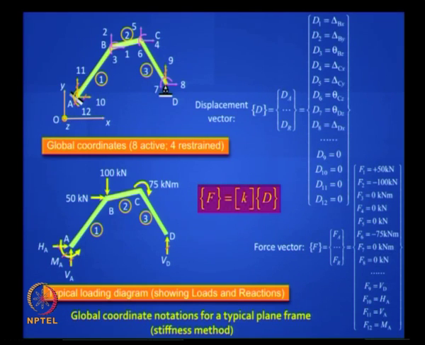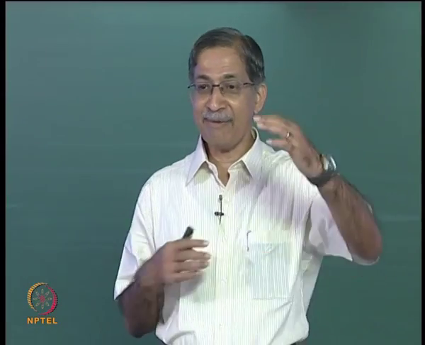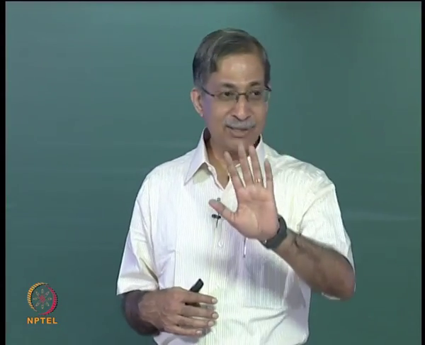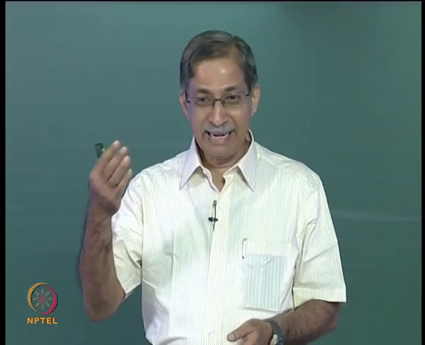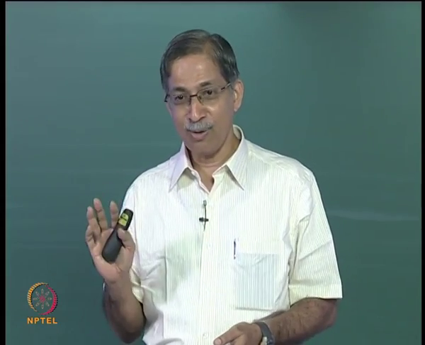If the displacements are unknown, then I can easily get the displacements by inverting, but it is not so simple, because you will find that in the vector F you have Fa and Fr. Fa is known usually and Fr is not known. Similarly in the displacement vector d you have dA and dr. dA is not known, dr is known. So you can't apply this directly, you have to play with it, and we will see how to play with it.